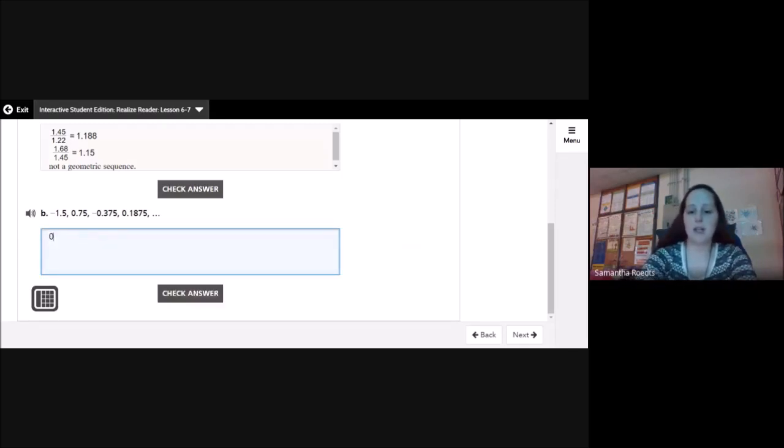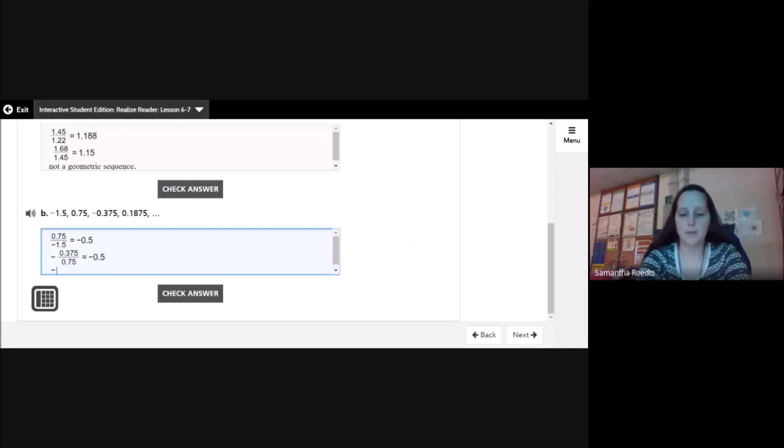I'm going to do the same thing that I just did, 0.75 divided by negative 1.5, which gives me negative 0.5. And I take negative 0.375 divided by 0.75, which also gives me negative 0.5.